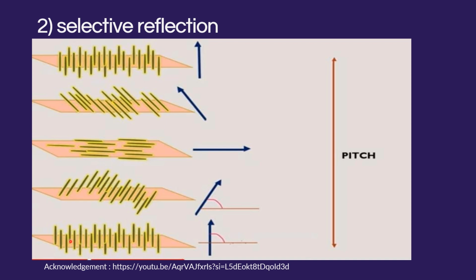As you see here, in the first layer, the molecules are oriented in a direction perpendicular to that particular plane, as you observe here. Whereas the adjacent plane above that has molecules oriented at a certain angle with respect to the plane, and so on. And in the third layer, you observe that the molecules are oriented parallel to the plane of that particular phase.